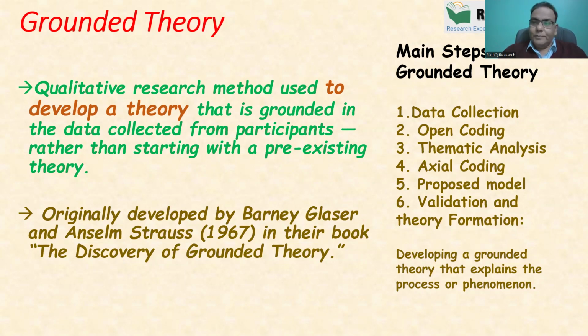This approach is known as the grounded theory approach. So the grounded theory approach is the approach of using the experience of senior people or different people to convert it into a theory or a theoretical model. This is known as the grounded theory approach.